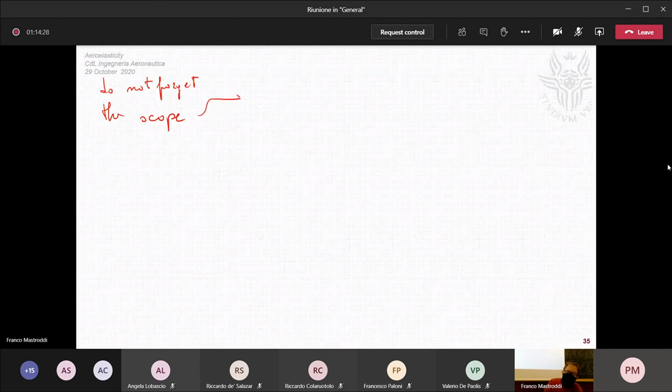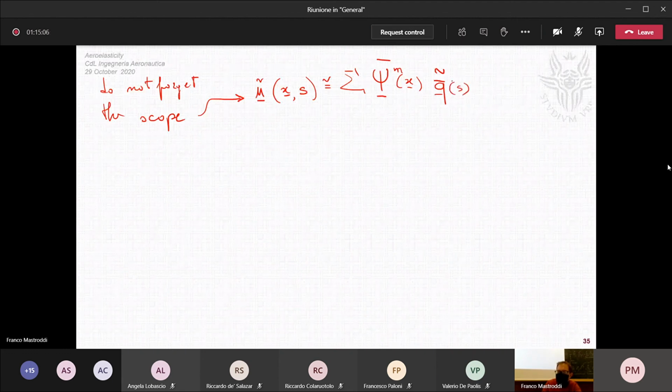And the scope is the following. The displacement u in the Laplace domain, as a function of x and s, is approximately equal to the summation of the approximated mode shapes as functions of x, times q bar tilde, a vector function in the Laplace domain.